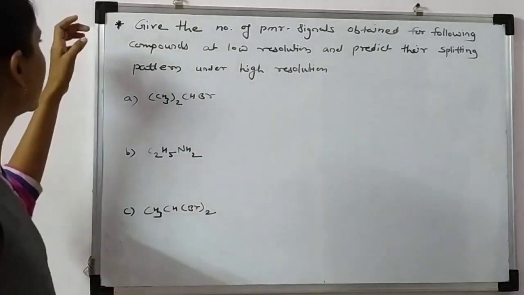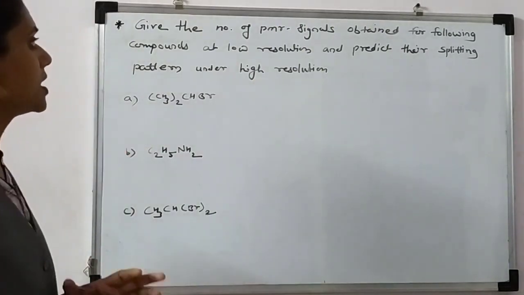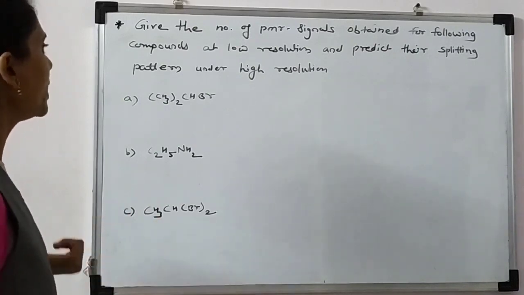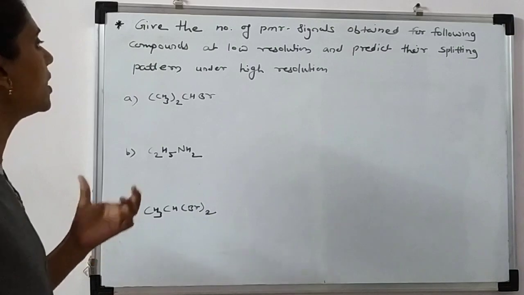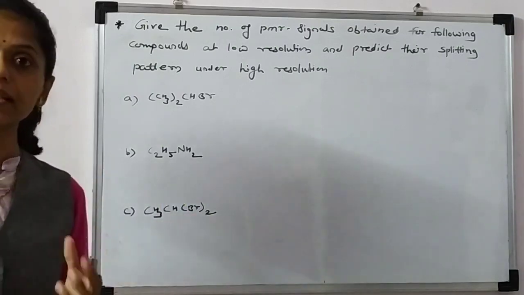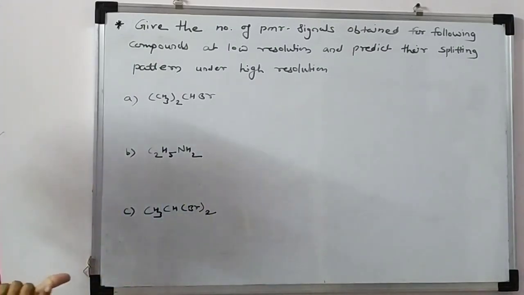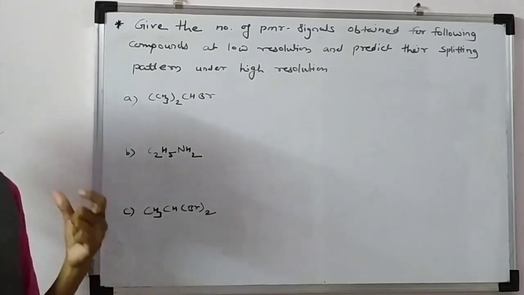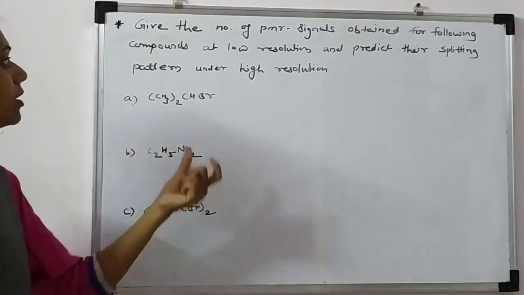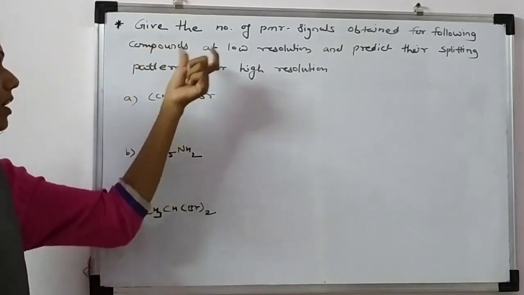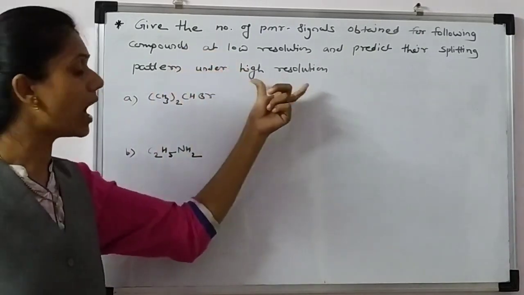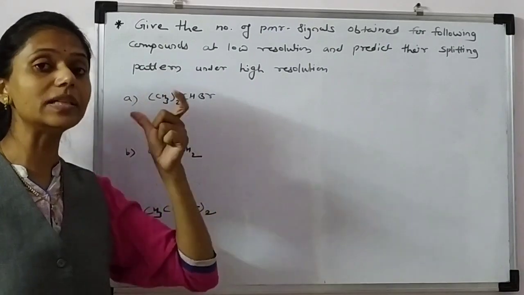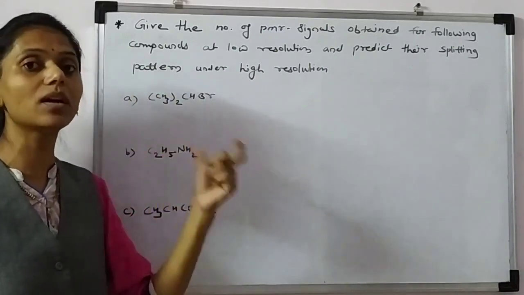The next type of example is: give the number of PMR signals obtained for the following compounds at low resolution and predict their splitting pattern under high resolution. When we say low resolution, we must write down how many signals we have obtained. When we say high resolution, that means we have to indicate the spin splitting or spin coupling pattern.